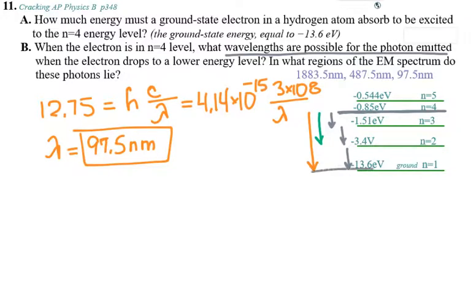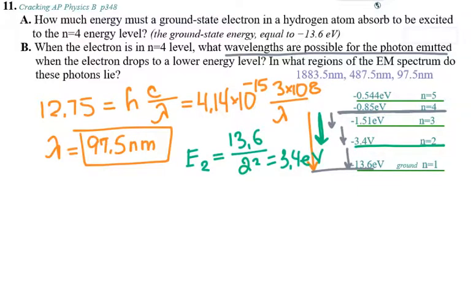Then for the green one, what if it goes from the fourth one to the second one? I need to calculate the energy on the second level. I'm going to use the same formula: 13.6 divided by 2 squared, which gives me 3.4 electron volts.